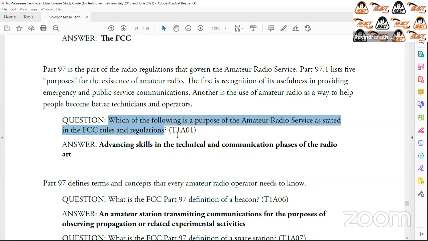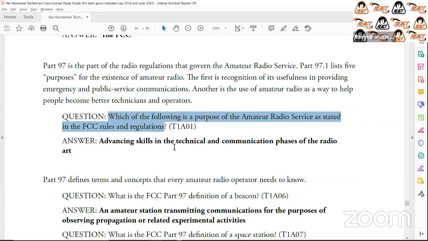And you will see the distractors as well, the 3 additional answers that are wrong. All right. So of course we are doing the no nonsense guide, which only deals with the correct answers. But for your own interest, you may want to look at what the wrong answers are. So how you find the question in the question pool is via the question number that appears after, in brackets, all of the questions. So just a little tip.